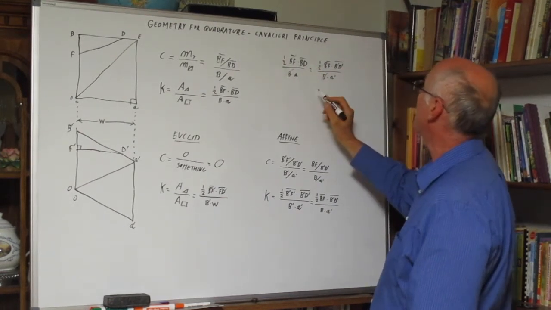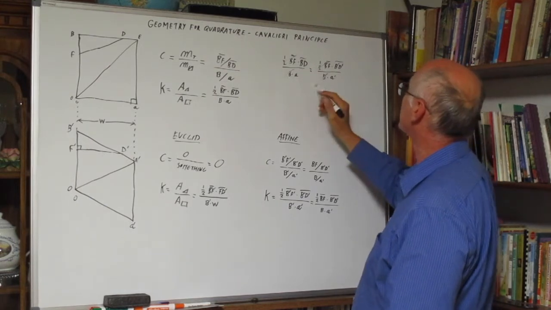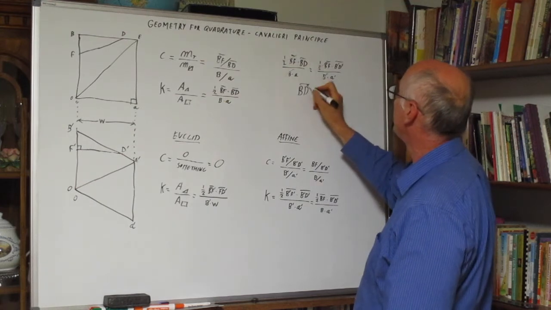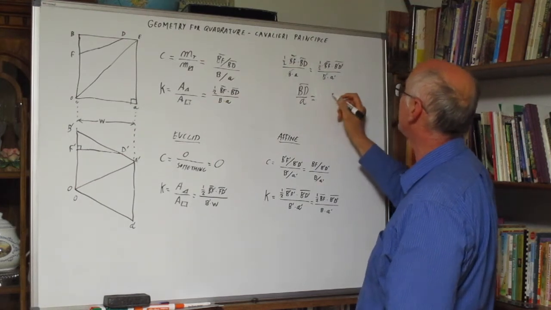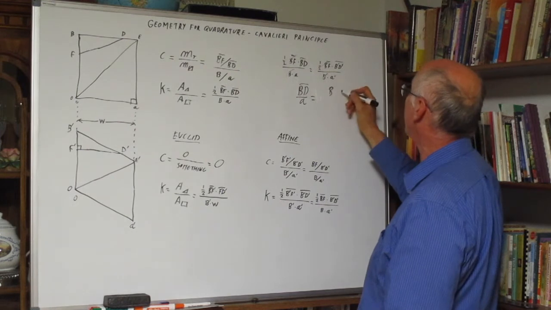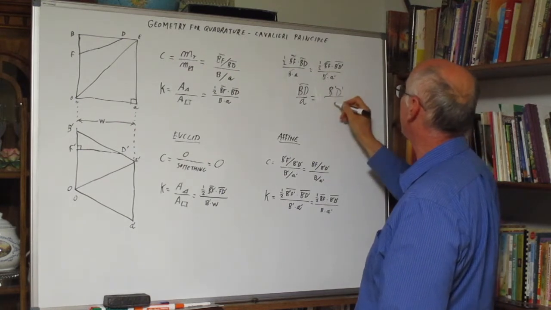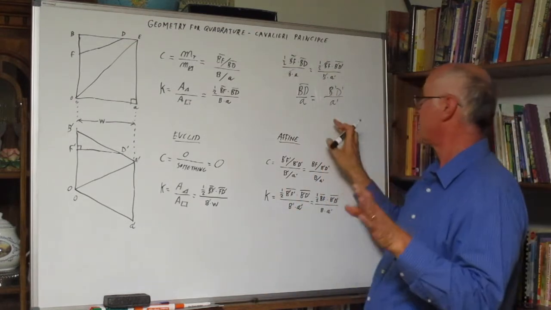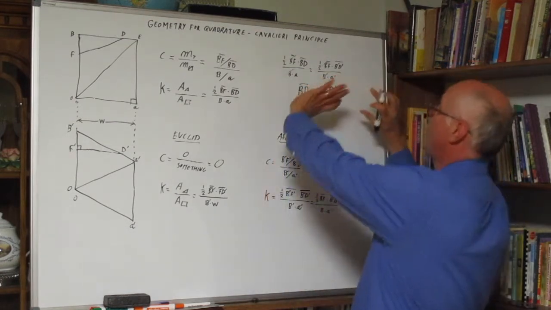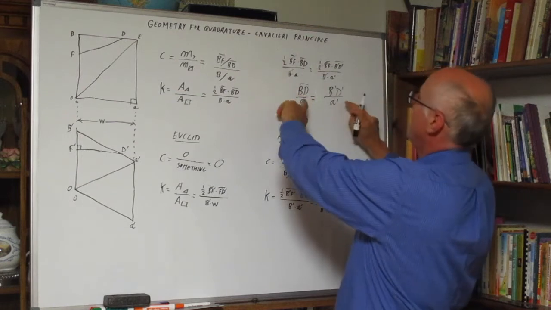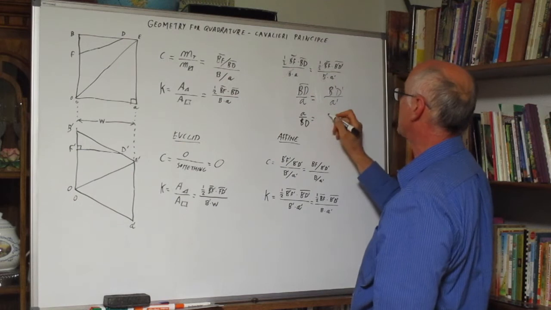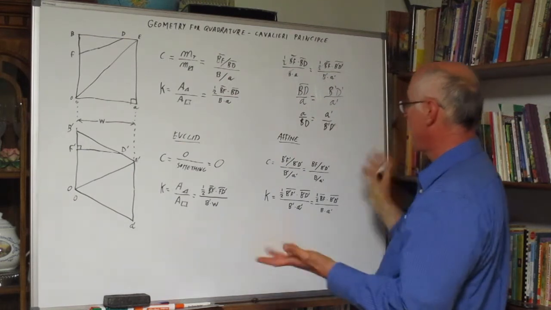And basically what we get is that BD over A is equal to B prime D prime over A prime. That is established. This is a relationship. And the flip is also, you can say A over BD equals A prime over B prime D prime, right?